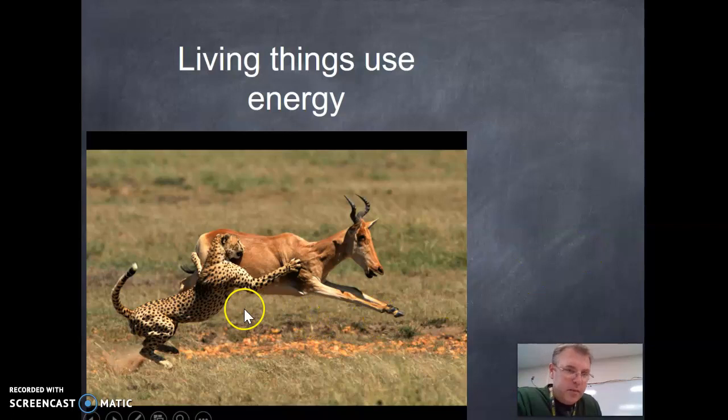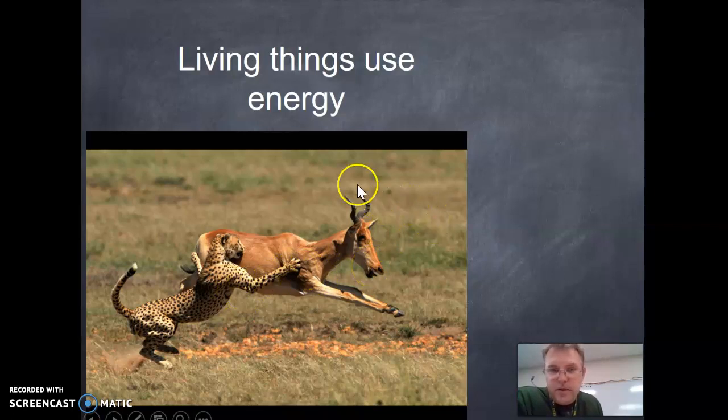Obviously, is that a cheetah or a leopard or something trying to get a meal right here, right? It's using energy to catch its prey, and then when it eats, that's how it's getting energy back into its body. Okay, I'm not sure if that's an impala or what that is, but it's using energy as it's running from its predator, right?